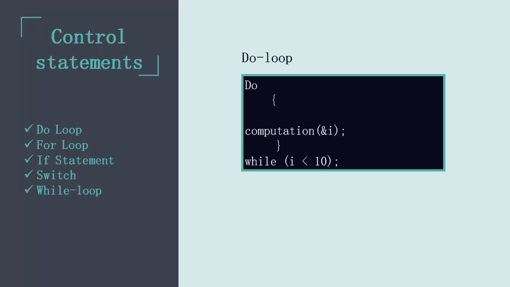With the introduction of control statements, we have to study two more points: block statement and compound statement. A block is a group of statements separated by semicolons. In C++, we use the semicolon as a statement terminator, and we use braces. Anything inside these braces will be treated as a block statement.